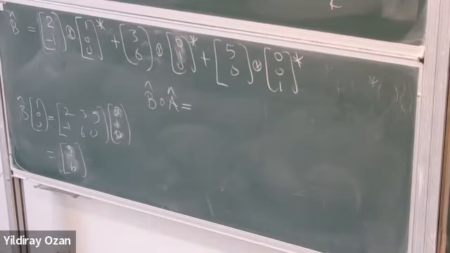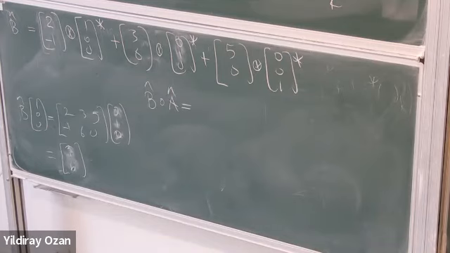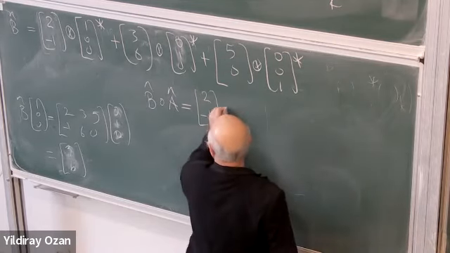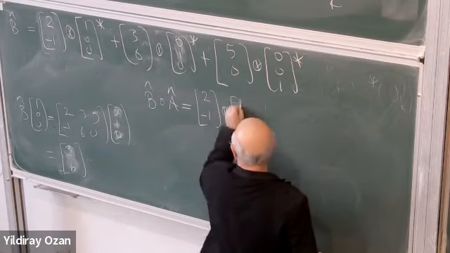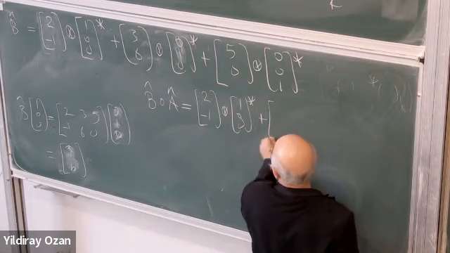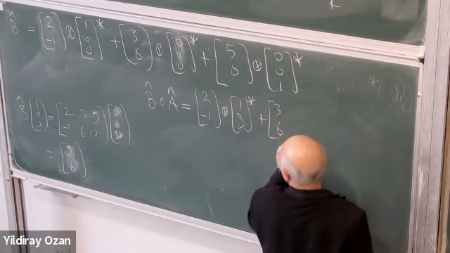Şöyle de yazabilirim şimdi. 2, eksi 1 tensör 1, 0, 0 star plus 3, 6 değil mi?